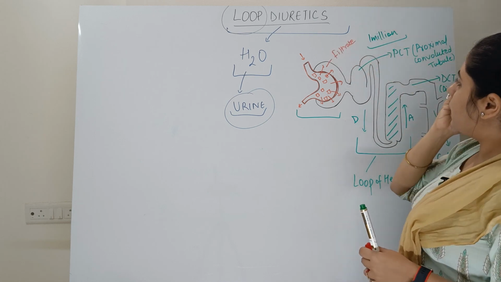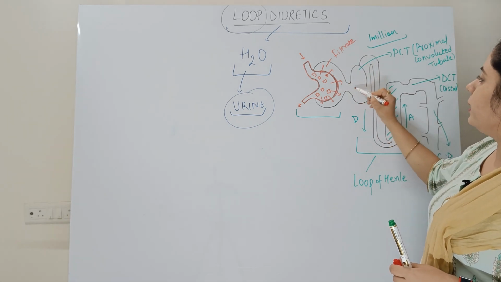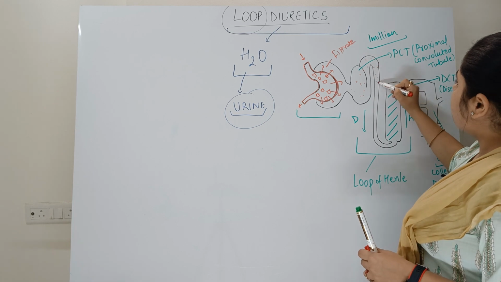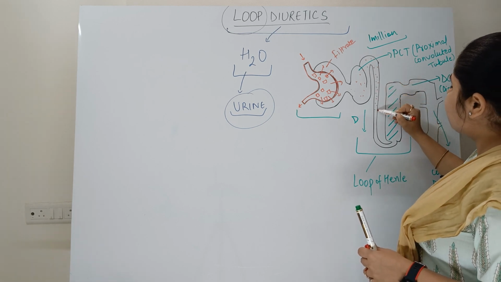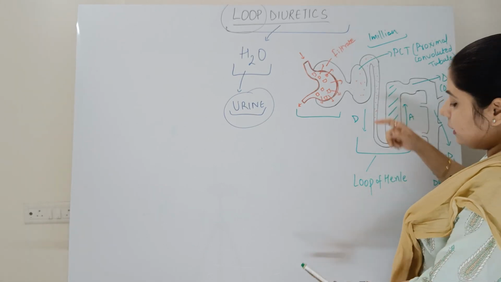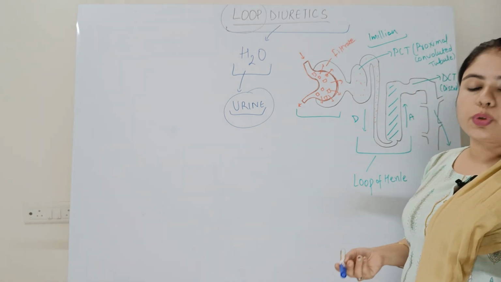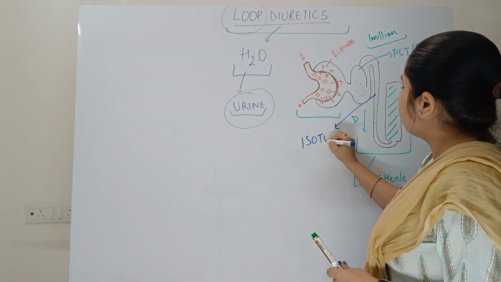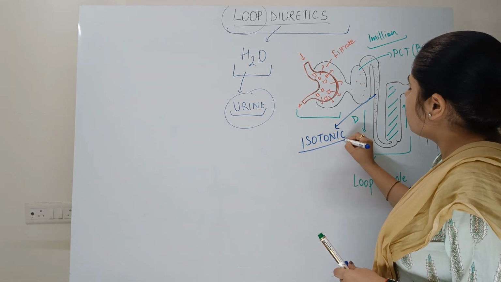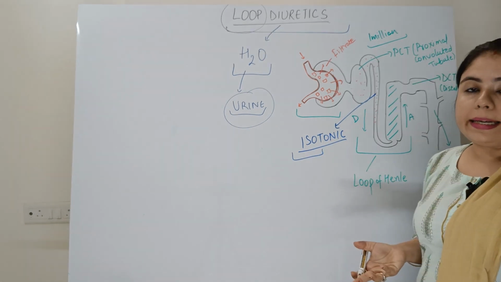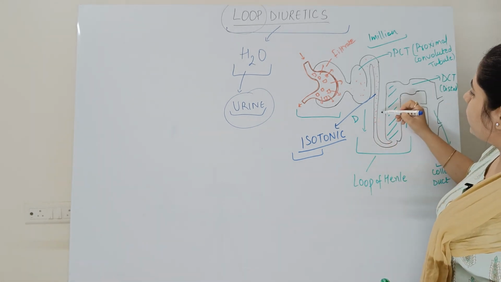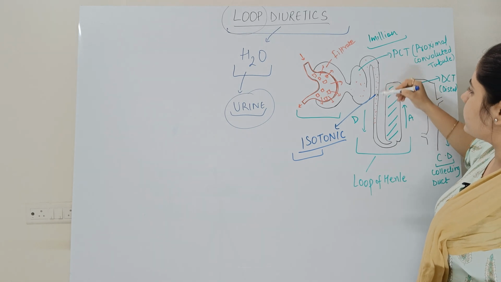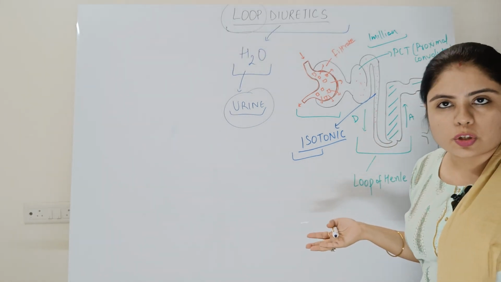There are a lot of minerals and water which enter this region and pass through the PCT, and now when they enter the descending loop of Henle, initially the fluid is isotonic. Isotonic means it is equal in osmolarity, in comparison to the fluid present here in the interstitial region and the fluid present in the lumen region. Both have equal osmolarity.